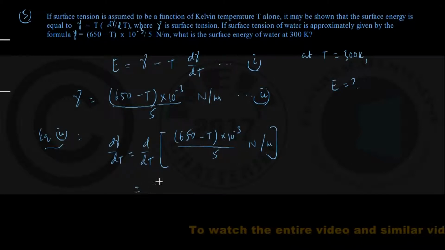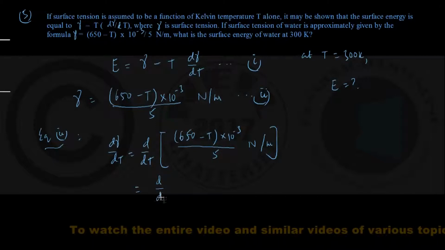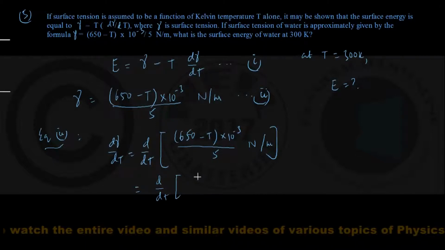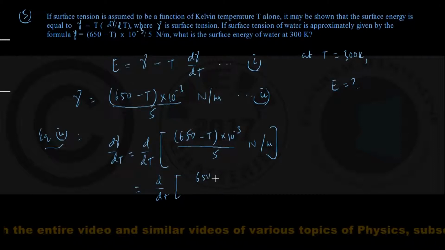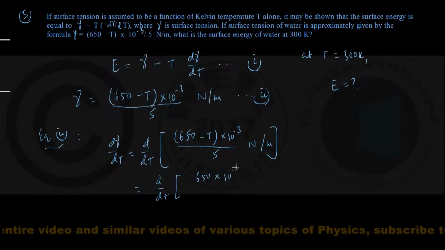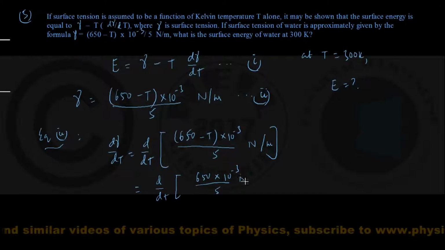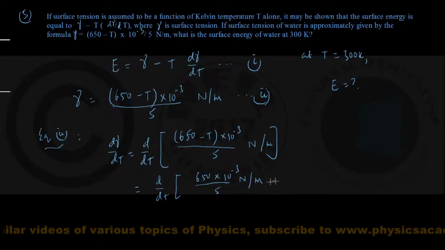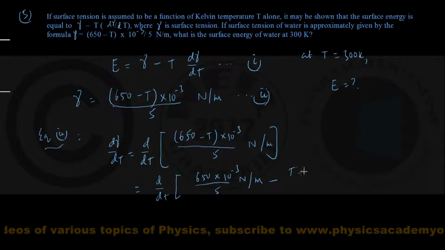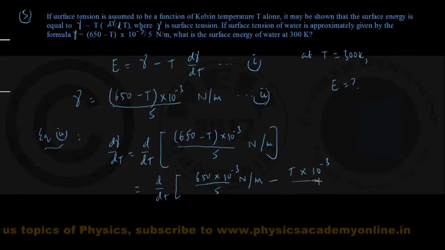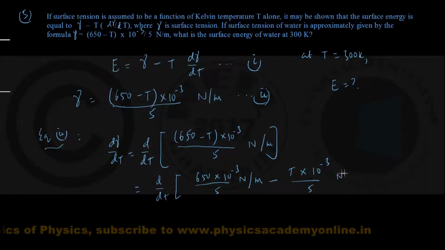In the next step, for convenience, let me break up this quantity and write separately as d dt of 650 into 10 to the power minus 3 divided by 5 Newton per meter minus capital T into 10 to the power minus 3 divided by 5 Newton per meter.